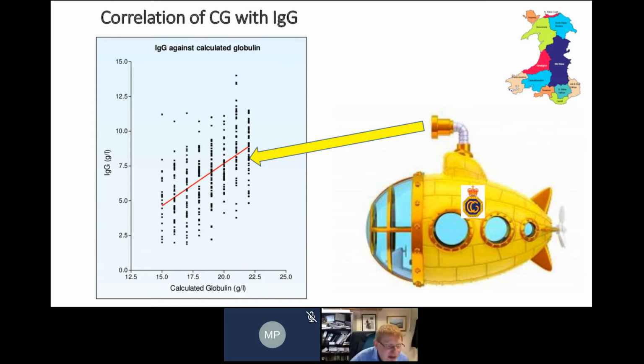If you go from a level of, on the left, say 6 grams per litre, which for immunoglobulin is the lower limit of our cutoff, and draw an imaginary line across to the red line, and then drop it down, you reach a value of about 18 in terms of calculated globulin, and that was the cutoff that we then introduced.